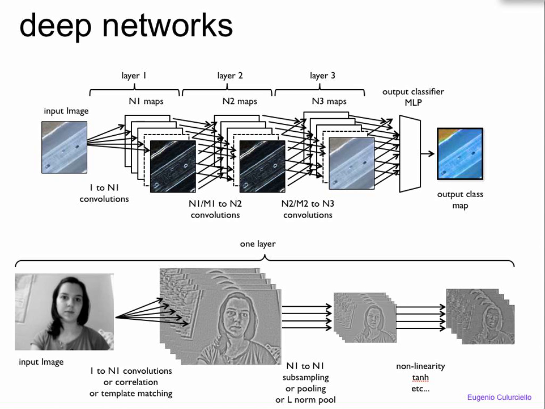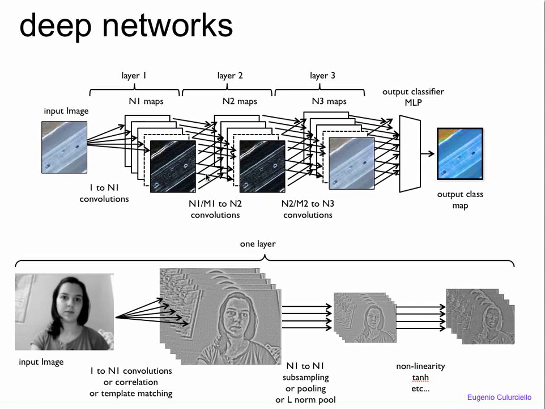So as we saw previously, deep networks are basically composed of a variety of layers. There's an input image or input data. There are multiple layers, and these layers usually maintain a map that is retinotopic, meaning they maintain the spatial coherency of objects that is the same as in the input image.